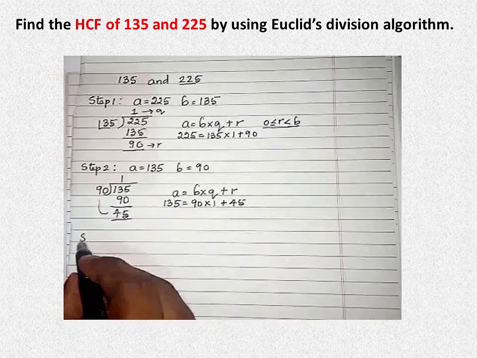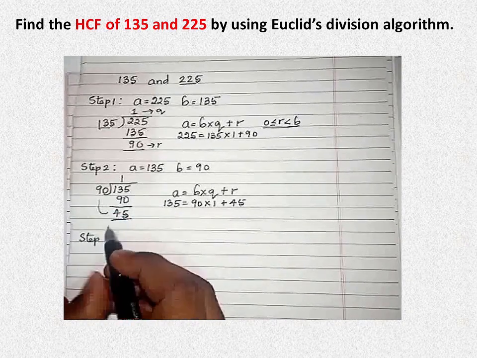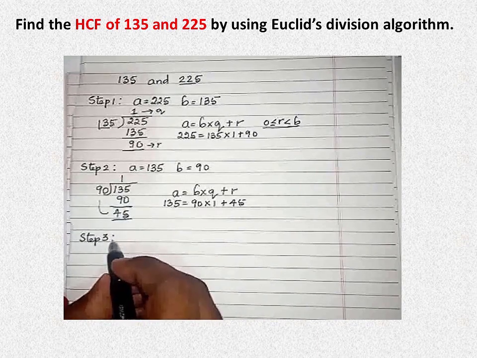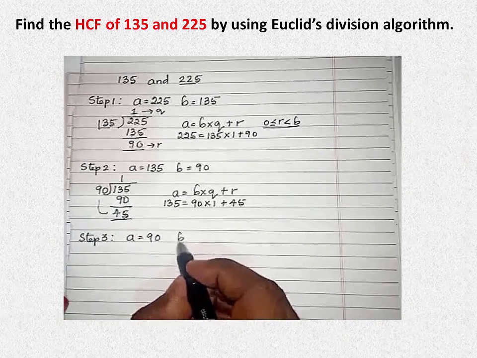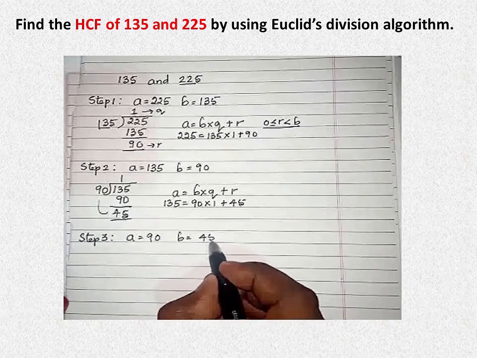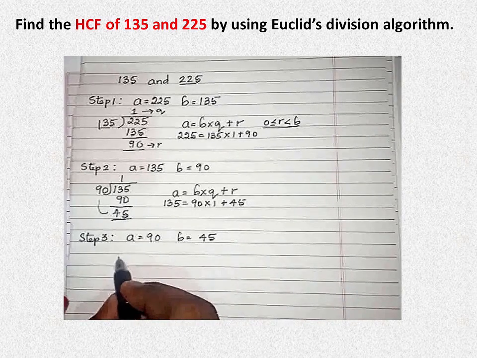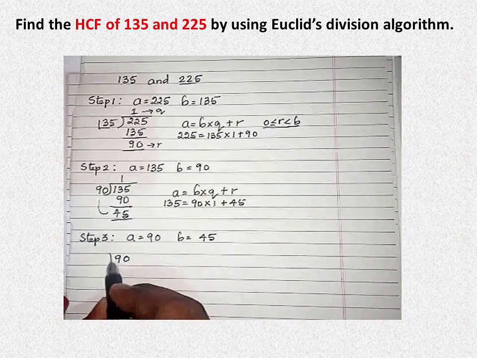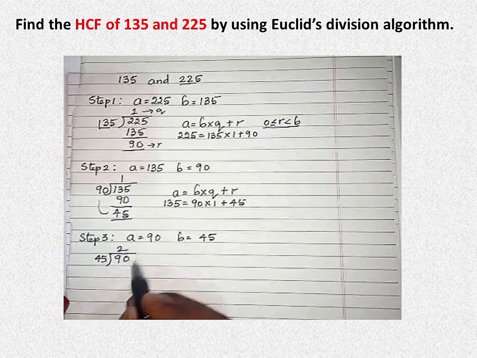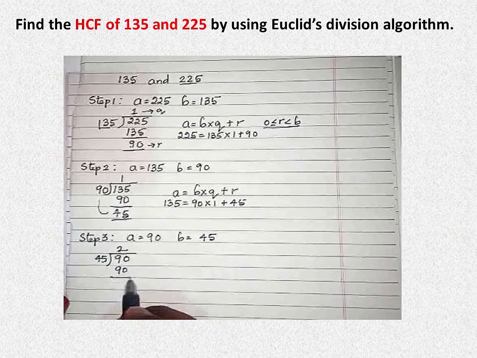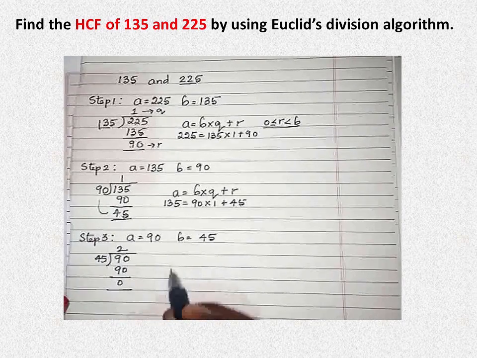Now in step 3, A equals 90, B equals 45. You should continue the step until you get the remainder 0. So divide 90 by 45, I'll get remainder 0.